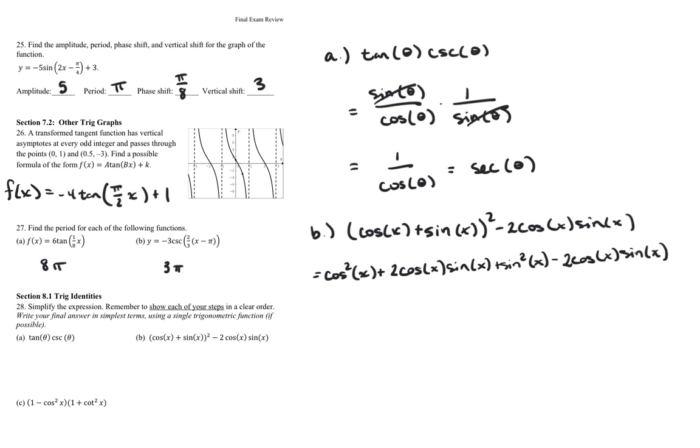And now I can see that there is a little simplification that can happen, and so I'm just left with cosine squared of x plus sine squared of x, and this is just 1.